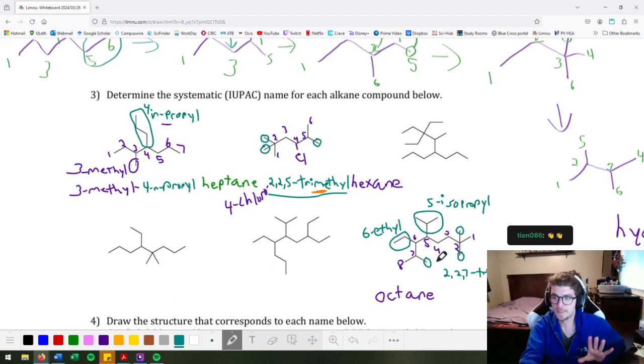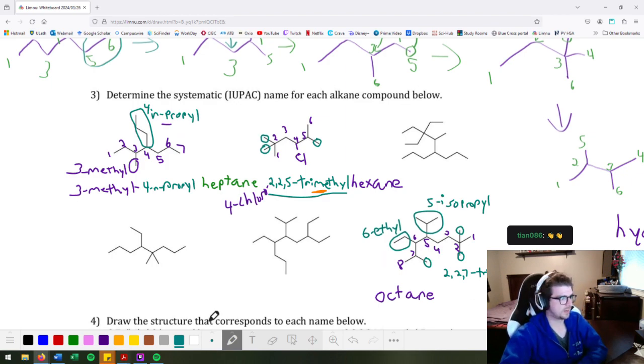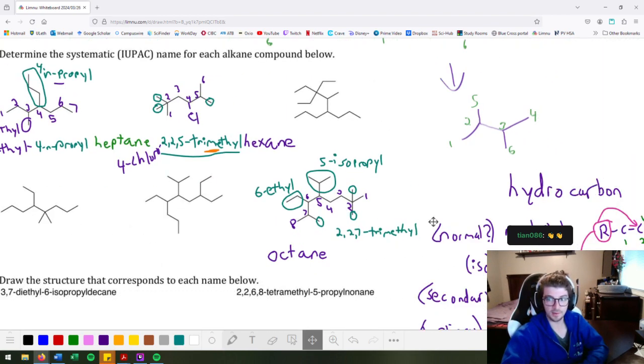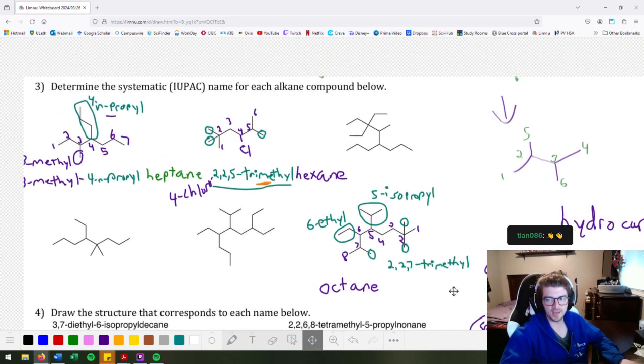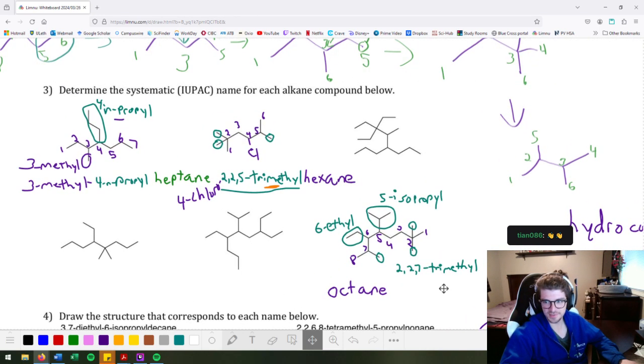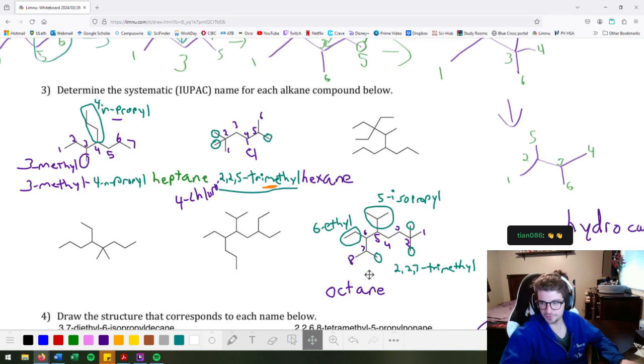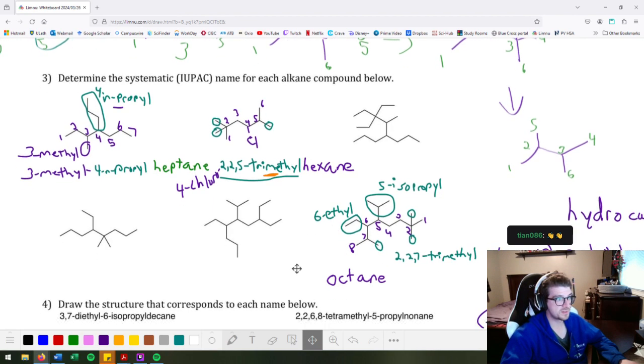Okay, so now alphabetically. I'm actually going to move this so I can show you the full name. So alphabetically, the ethyl is going to come first, then the methyl, and then the propyl.